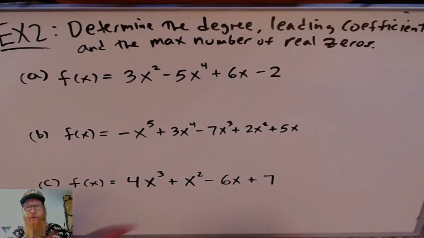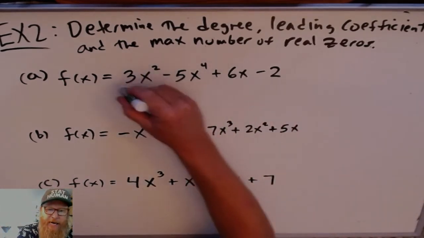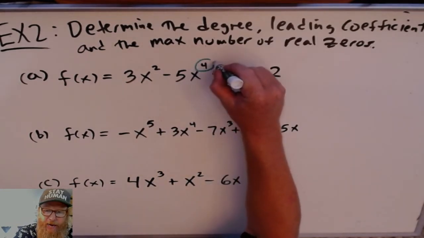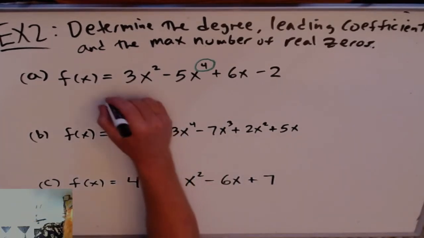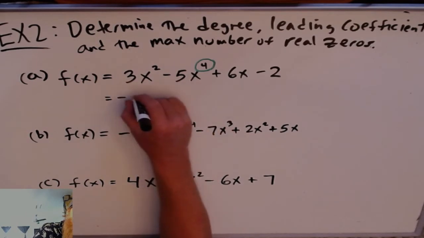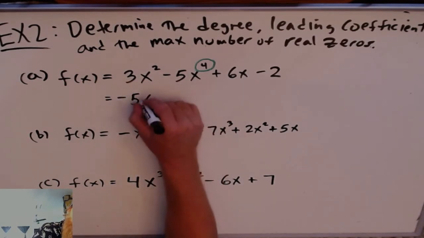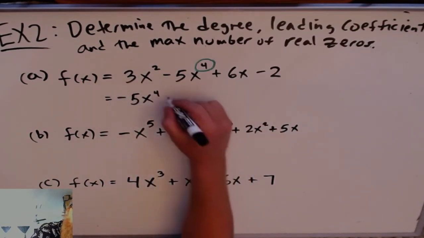Okay, so determine the degree, the leading coefficient, and the maximum number of zeros. So the degree is the largest power. Sometimes we like to write it in standard order, although the word is not standard, it's actually descending order.